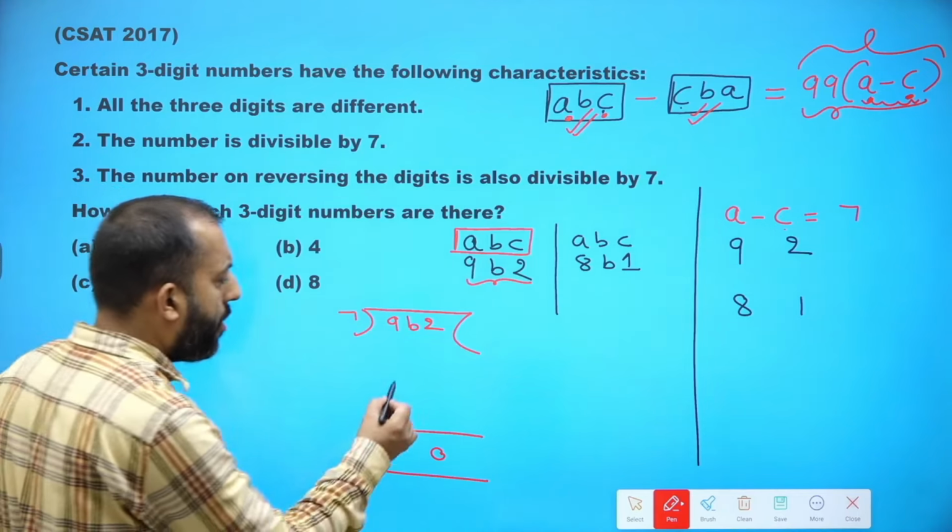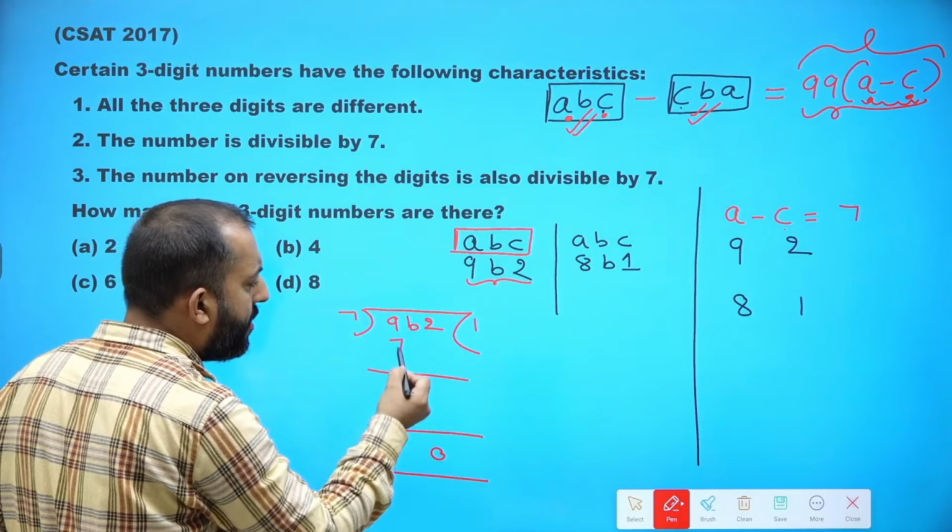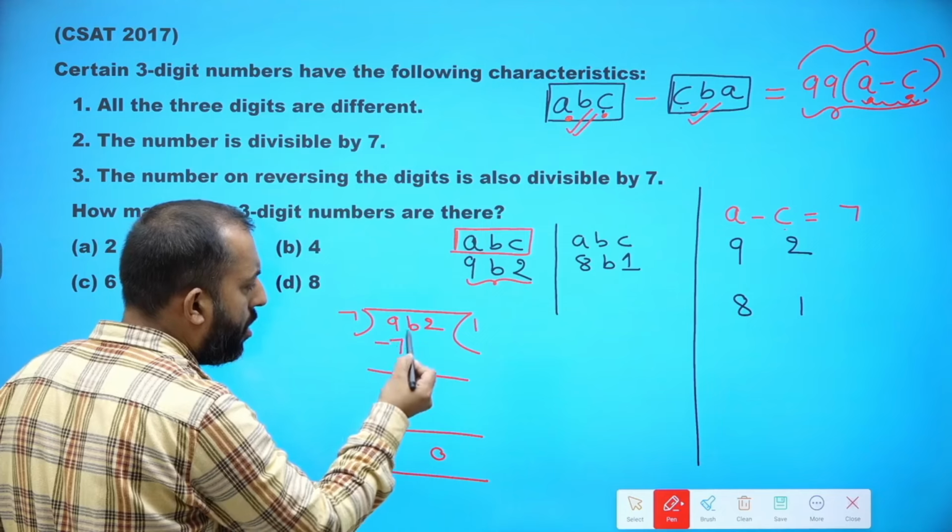Okay, so let's see how to proceed. 7 ones are 7, 9 minus 7 is 2.